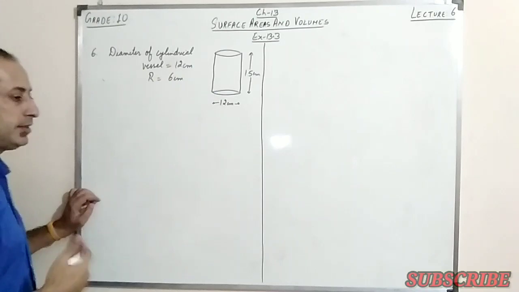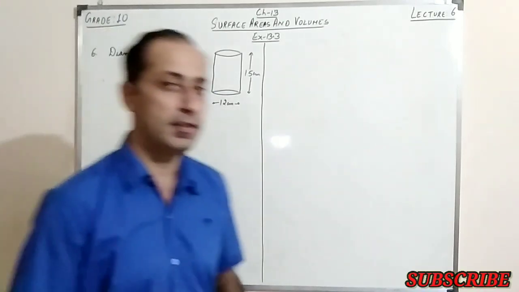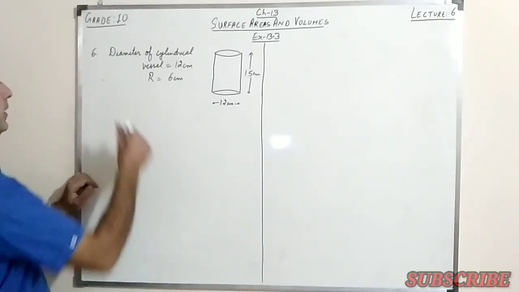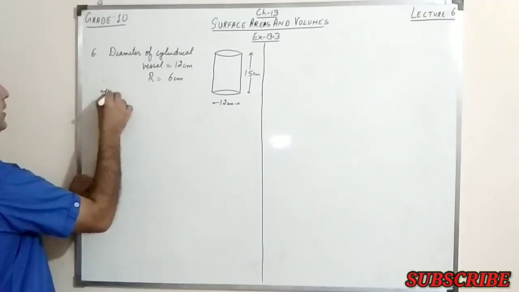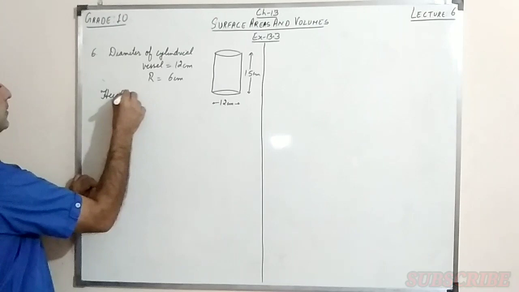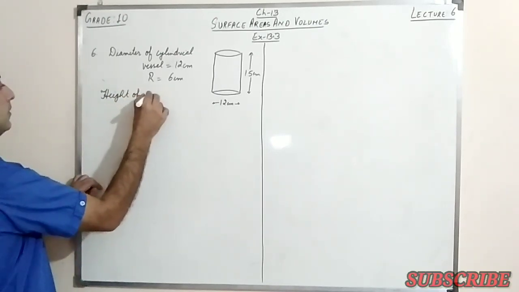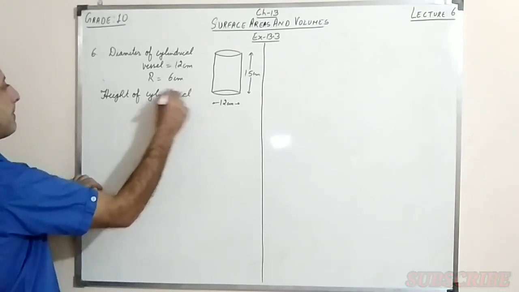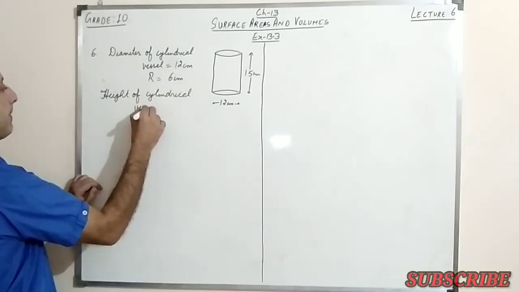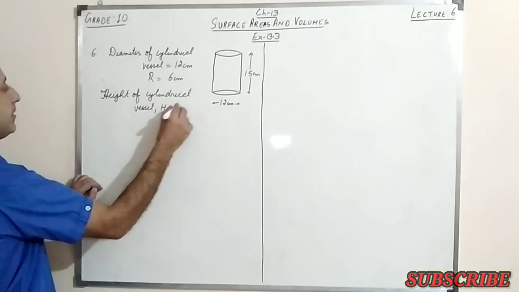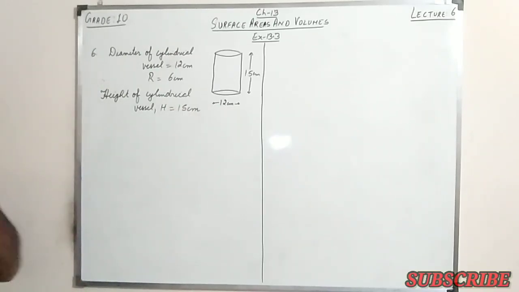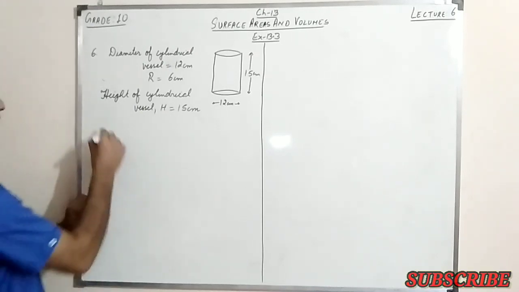Since I have two objects whose radii are different, I am taking different symbols. For this I am taking capital R. Same way, height of cylindrical vessel, capital H is equal to 15 centimeter. Let's find out the total volume of the ice cream in the cylinder.